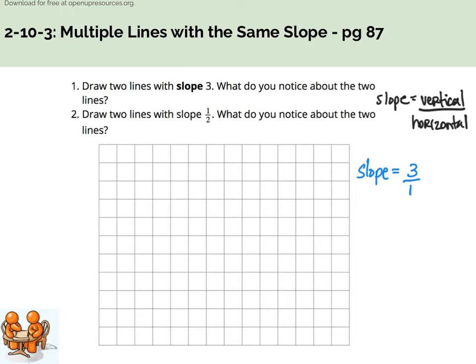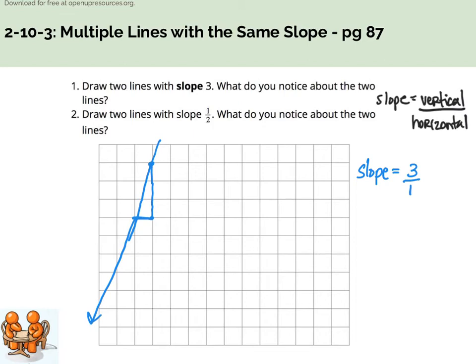So I'm going to do a vertical of 3. I'm going to start here and go 1, 2, 3. And a horizontal of 1. And I'm going to connect those together.